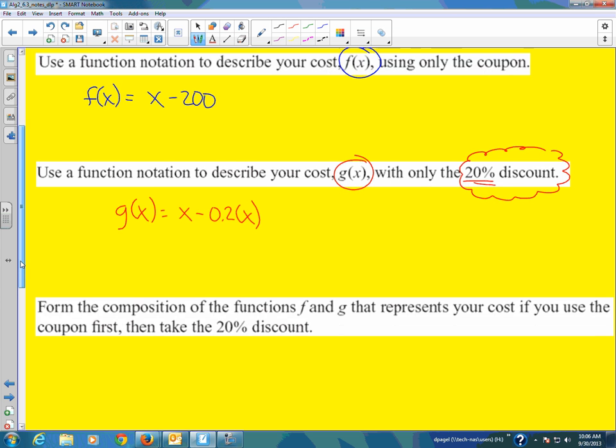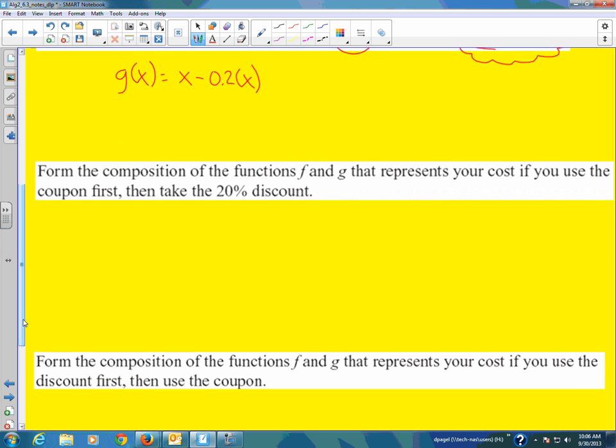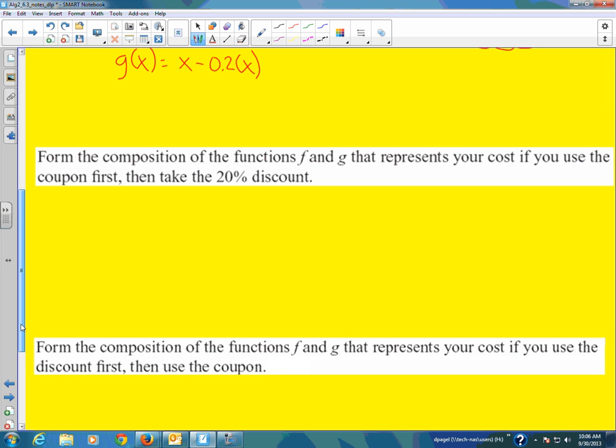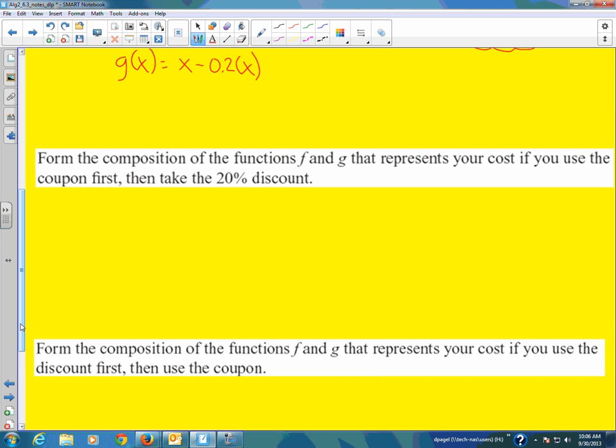So now we have to decide, when we composite them, which of those is going to give me a better deal. Here we're forming the composite of the functions f and g such that we're representing our cost if we use the coupon first, which is our f of x function, and then taking our discount, which is our g of x function.